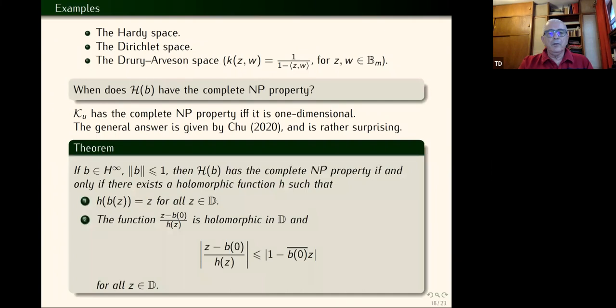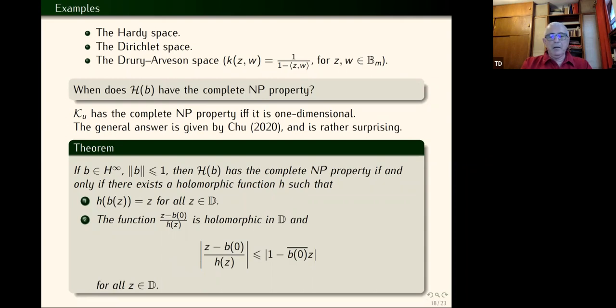So the result is the following. If you take H of B, it has the complete Nevanlinna-Pick property if and only if, now this is quite a cryptic condition, I would say, B has to have a left inverse with respect to composition on D. And moreover, you must have this condition for the function (z minus b of 0) over h.